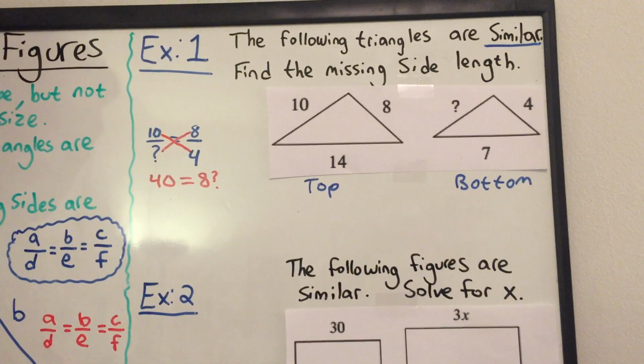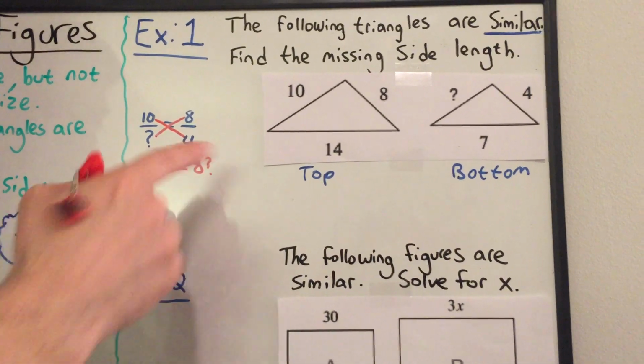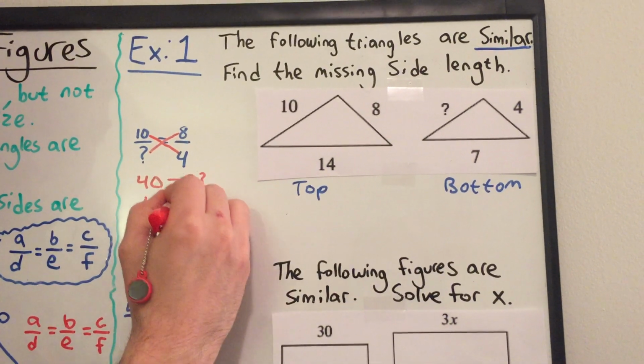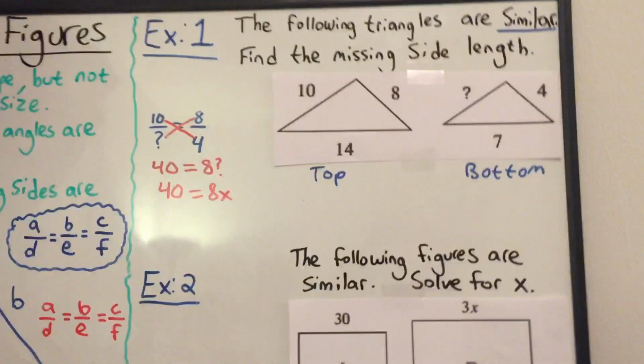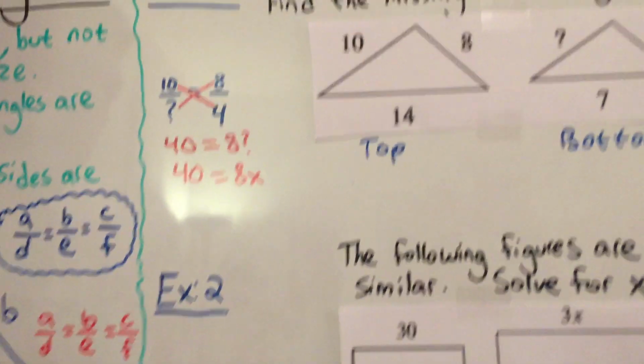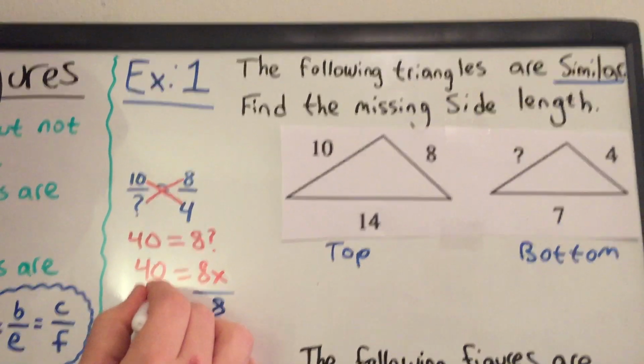All right, now some people might say this is kind of weird, like I'm used to having an X or something like that. If that bothers you, then just change it to an X or a variable if that makes you feel a little bit better. And then all we got to do is solve for X. So we'll divide by 8 right there.